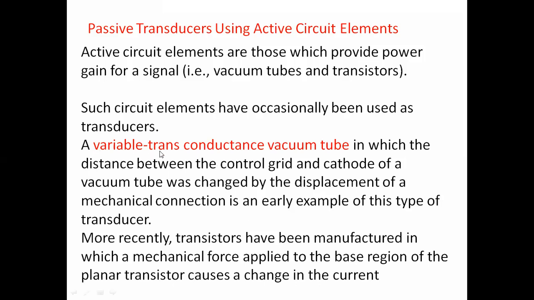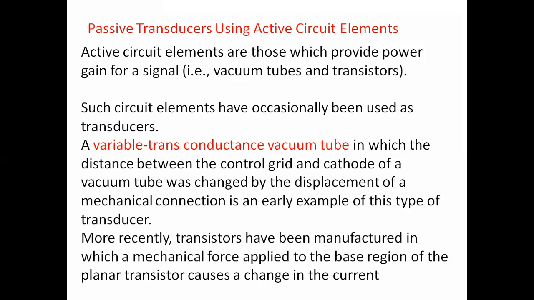So here the first one is the variable transconductance vacuum tube. In the olden days, vacuum tubes were used for amplification and also as a diode and as a transistor. In the vacuum tube, we have an anode and a cathode. Whenever light falls on this cathode, it will emit electrons.